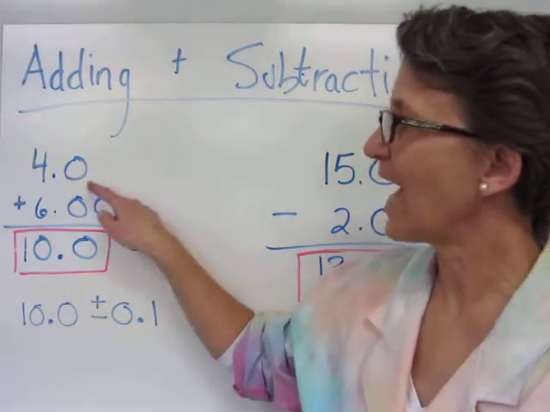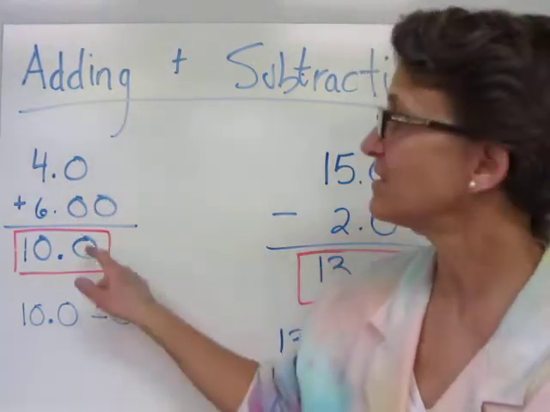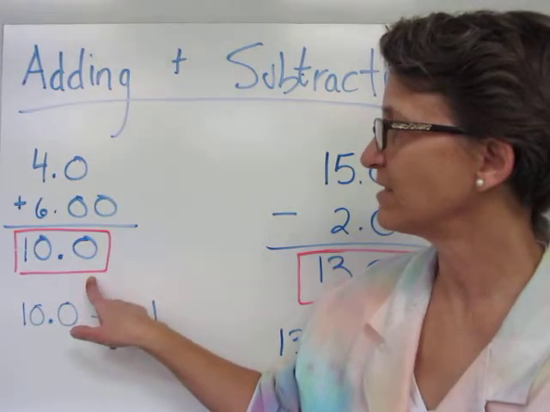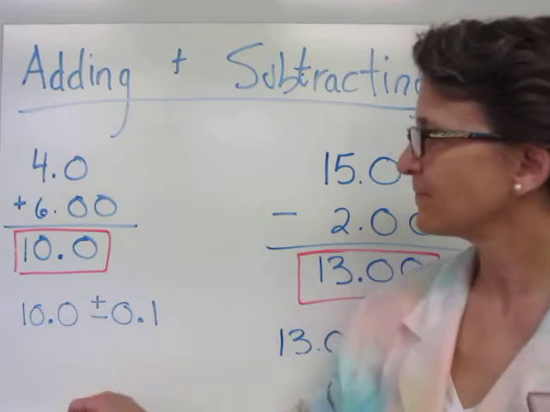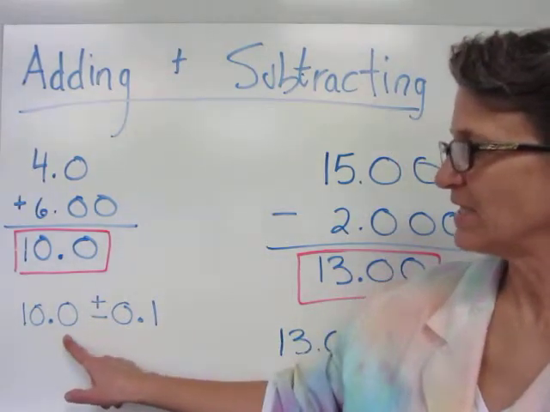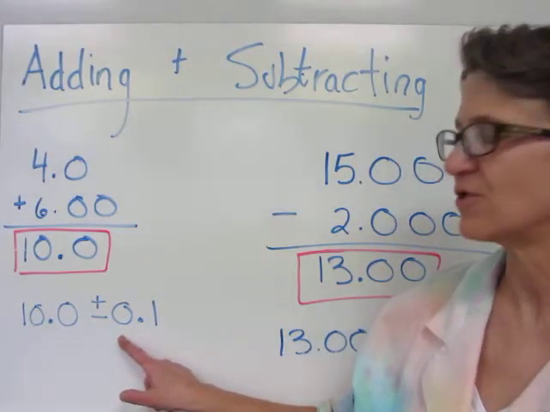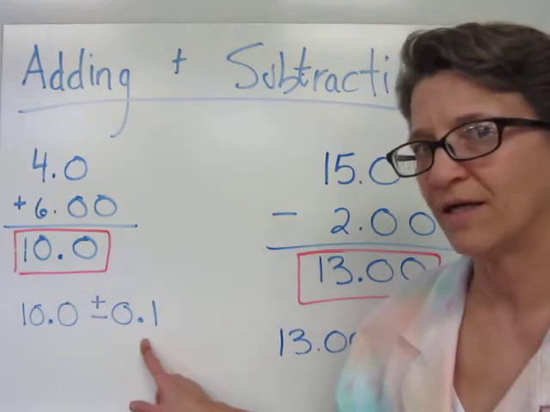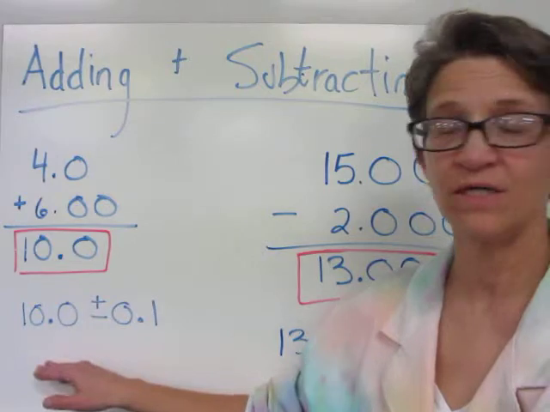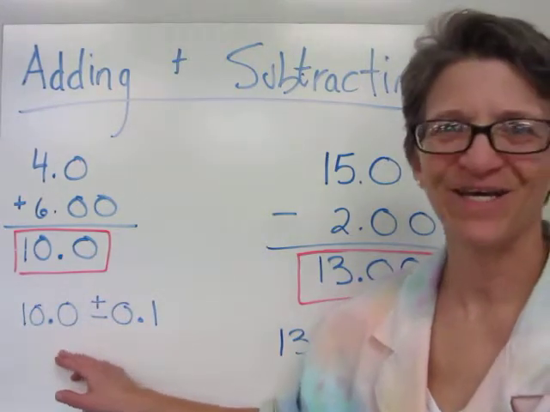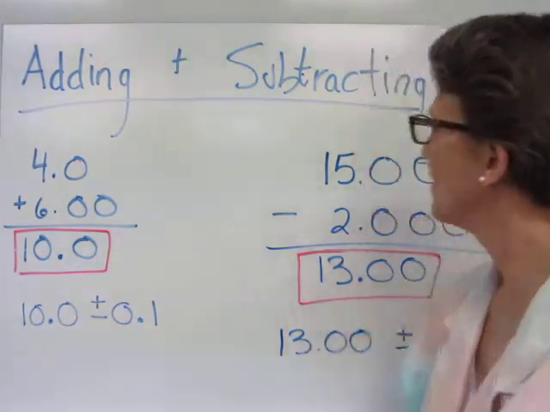You look for the least number of decimal places, and so we have 1 decimal place in 4, so our answer should have 1 decimal place. With 10.0, it tells you that the uncertainty is 0.1, so it means you can go up 1 to 10.1, or down 1 to 9.9 for your value.